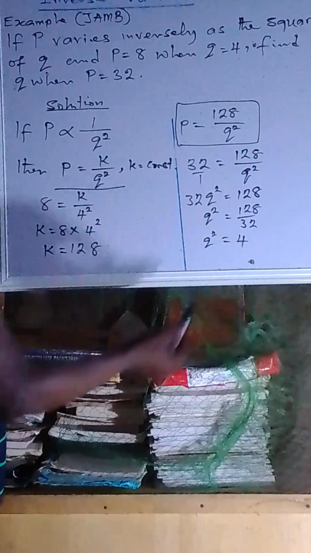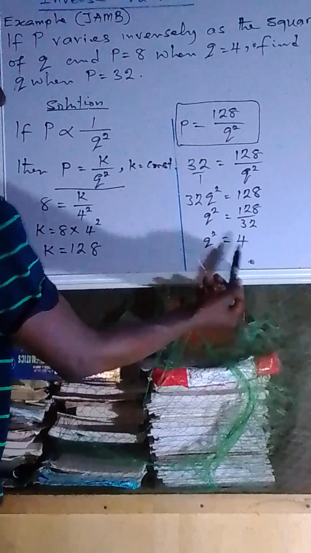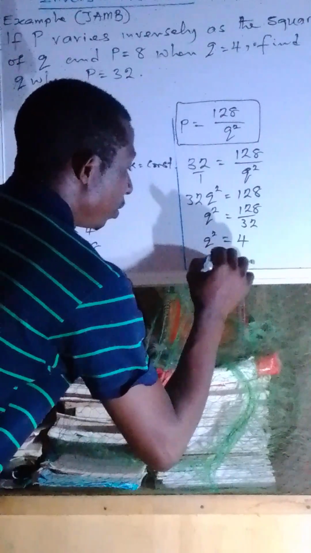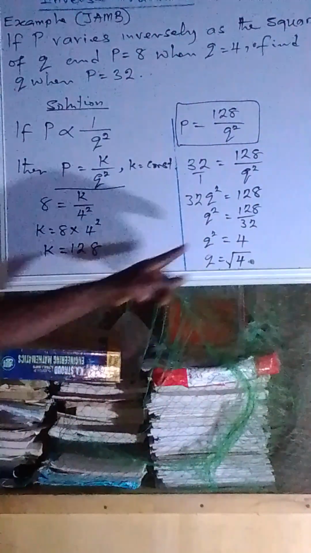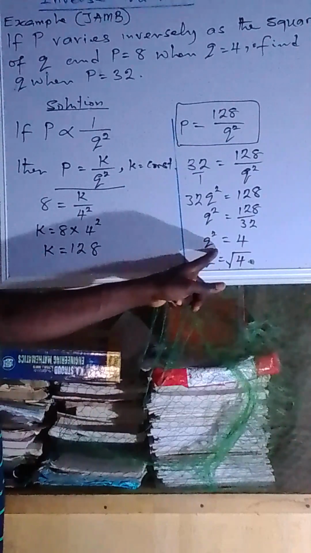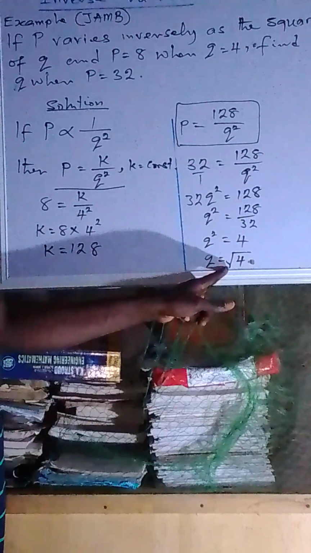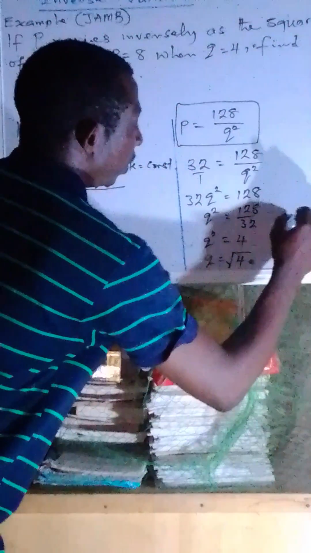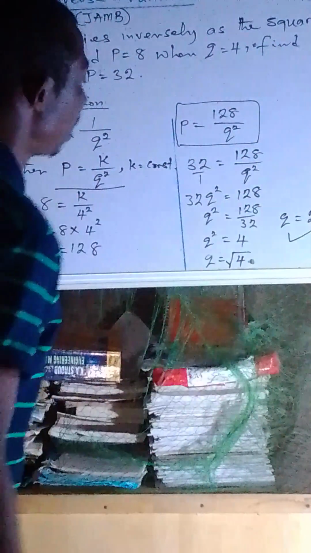When it comes here, it becomes square root. But what we are actually doing is that we are taking square roots of both sides. So we can have it as Q equals to square root of 4. The square has gone. It has turned to square root at this side. So from here you can now get your Q. Q will now be what? That's 2. So this is going to be the answer.